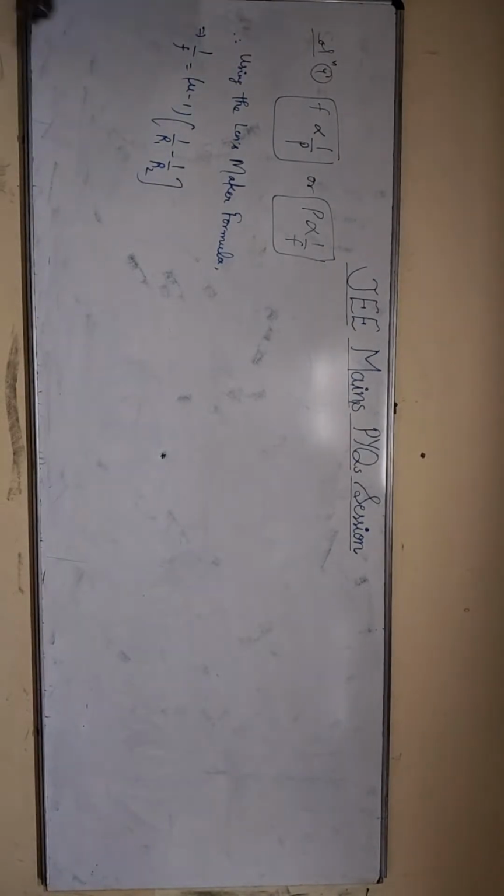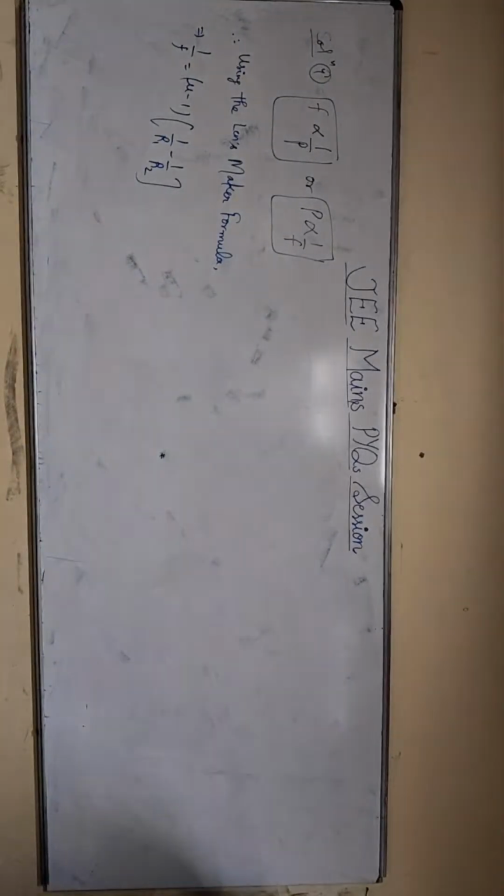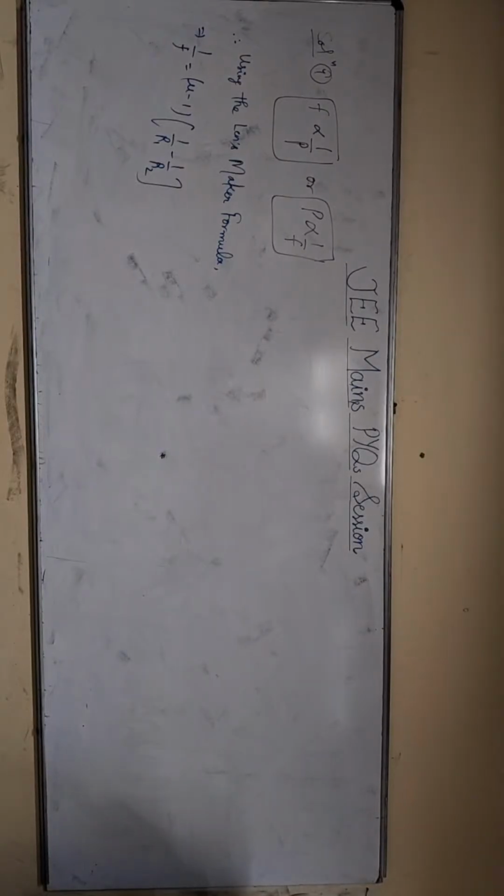This is the lens maker's formula, and you know very well we have the power. How much power is it? 1.5 P. So substitute the value and get your answer.